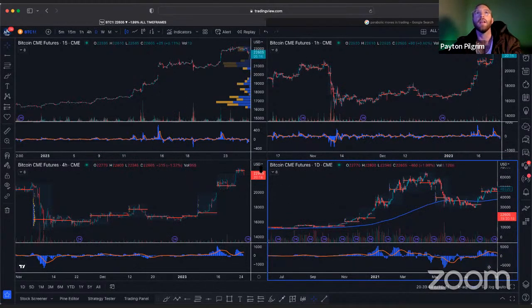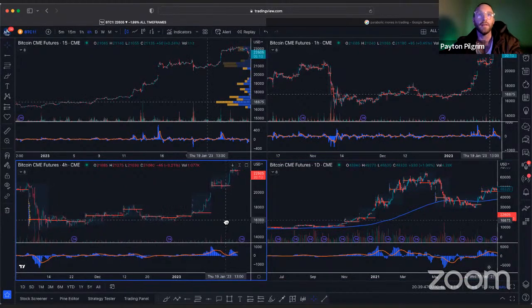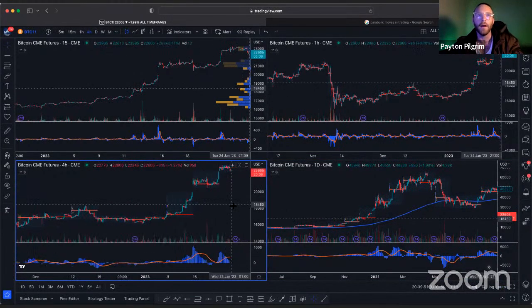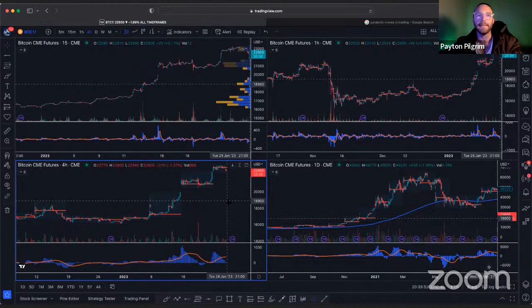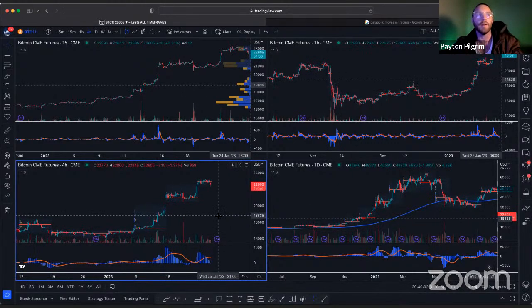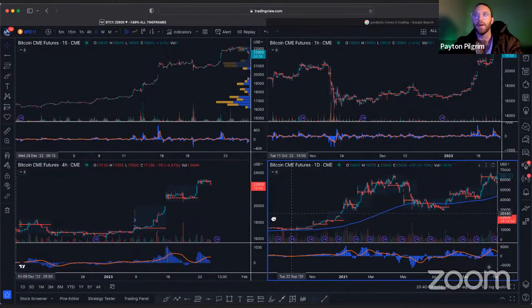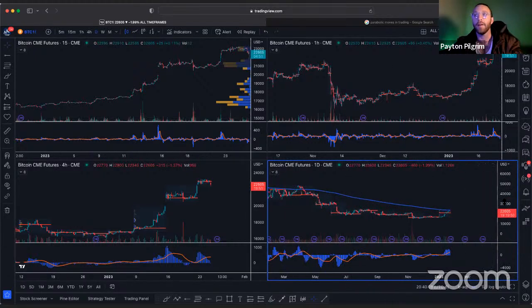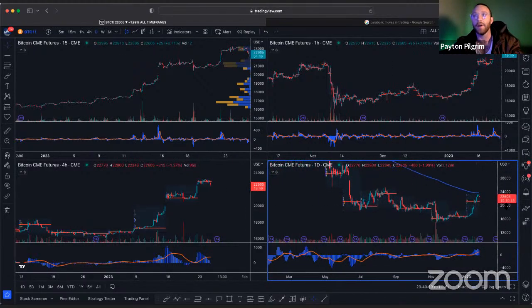That's what I'm starting to see on Bitcoin. I don't know or care if this is the bottom or top anymore. It's irrelevant to me, I'm just analyzing. To me, this has a very good look that this is a parabolic move.